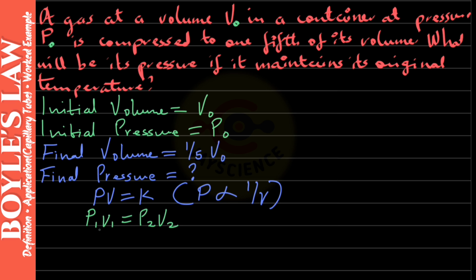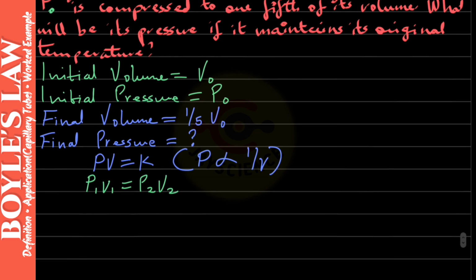That's the first pressure multiplied by the first volume equals the final pressure multiplied by the final volume. How about we make the final pressure the subject of the formula, because that's what we need to calculate. So we have to make P2 the subject of the formula. So how do we do that? P2 will now be equal to P1 V1 divided by V2.